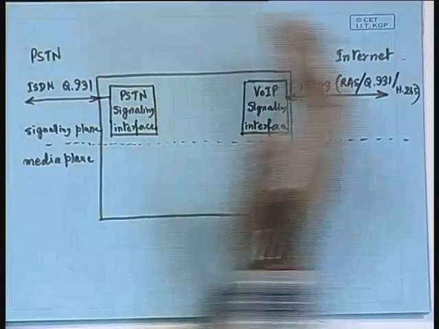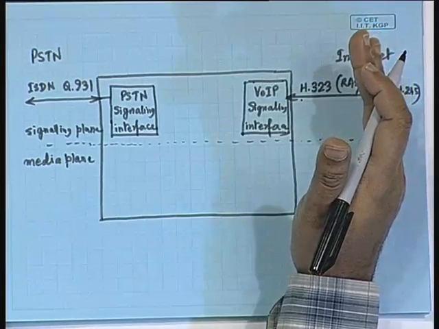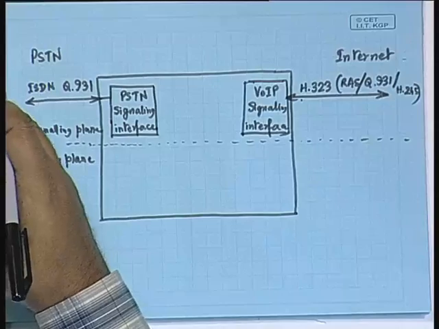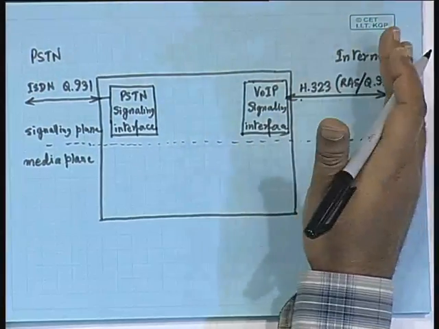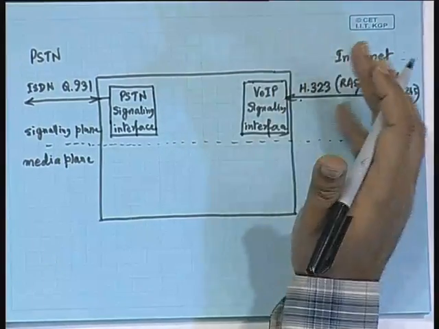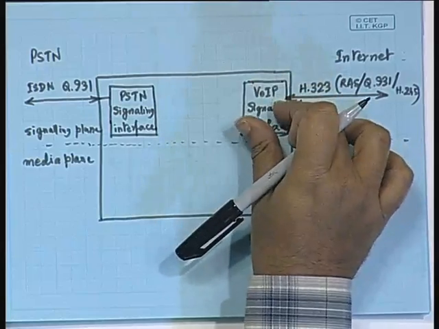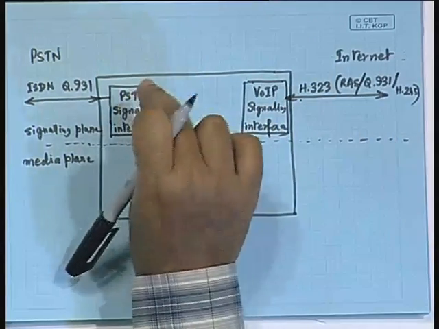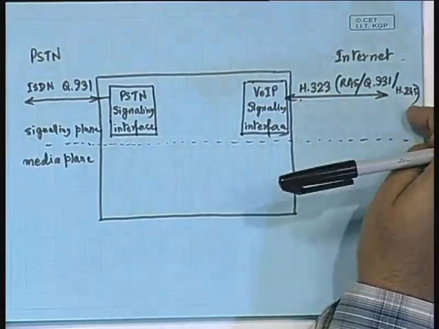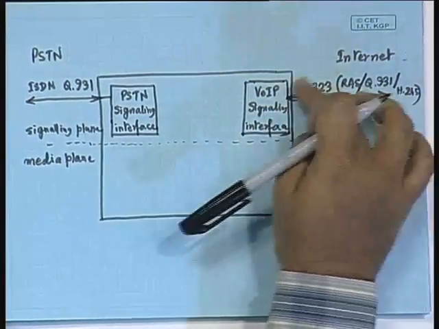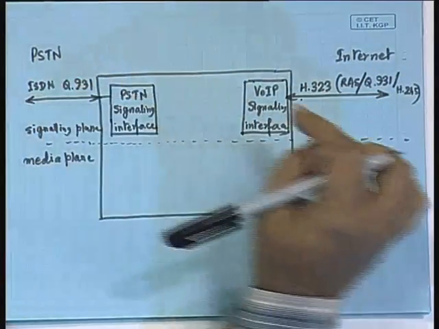So, we have the PSTN end and the internet end. Supposing from an internet telephone one wants to communicate to a PSTN telephone, the internet telephone signaling would come through this H.323 channel. It will go to the VoIP signaling interface, but there must be a conversion so that it is compatible with the PSTN signaling interface, because whatever signaling we are doing over here should be transferred at the PSTN end.